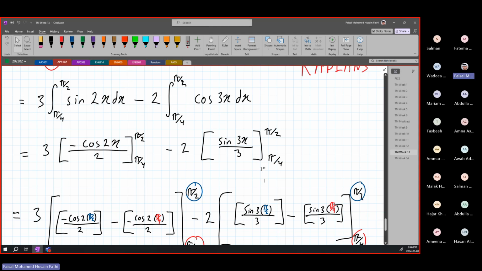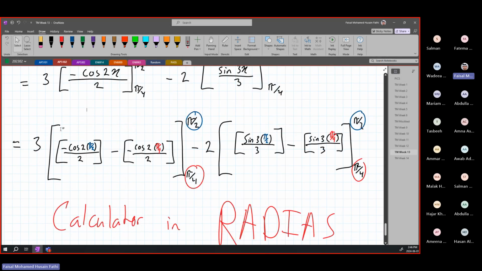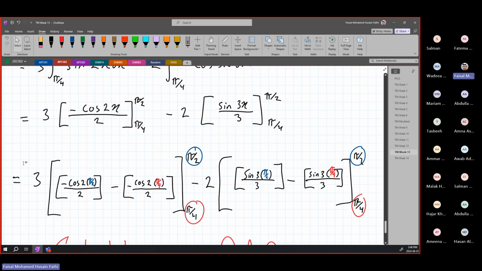And once you have your integration with your limits, you are going to apply this rule, which is you are going to have your constant outside with a big bracket, and then where your limits are. And inside, you're going to have two brackets where you are going to be writing the integration that you did. But you will substitute for the value of x the upper and lower limits.